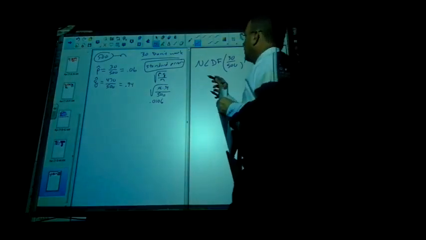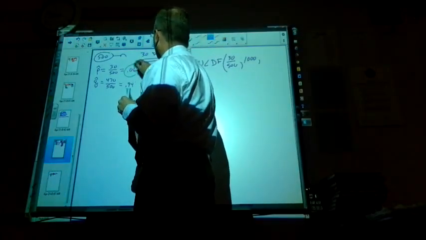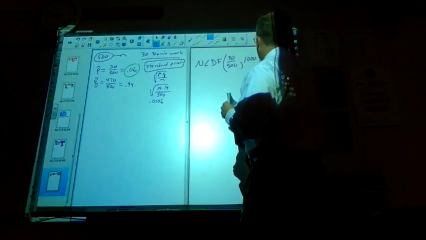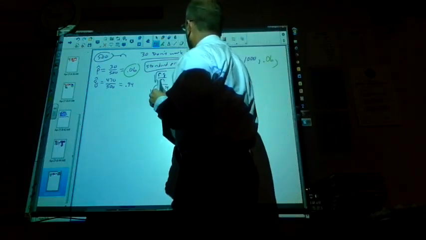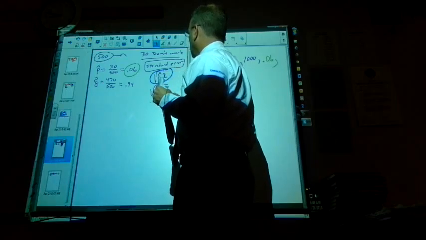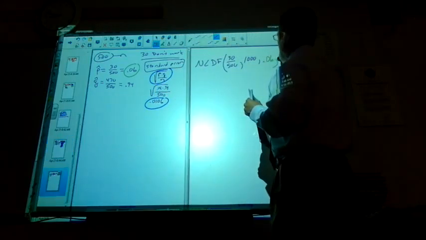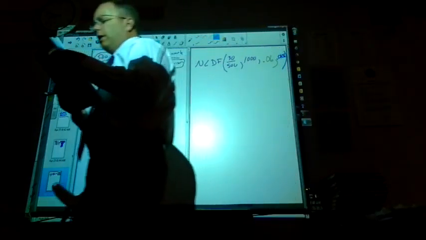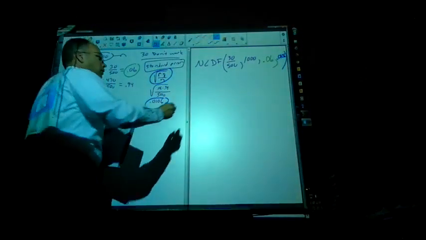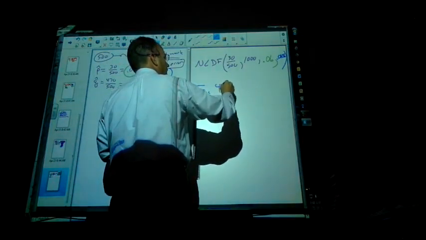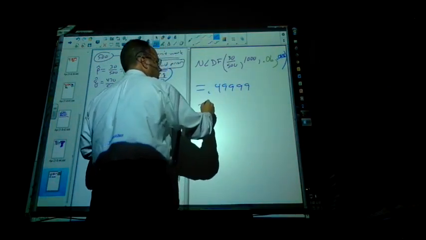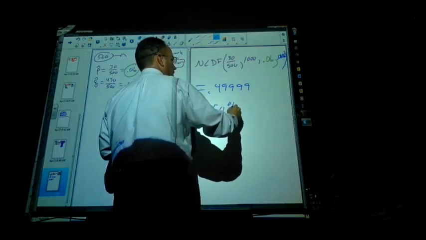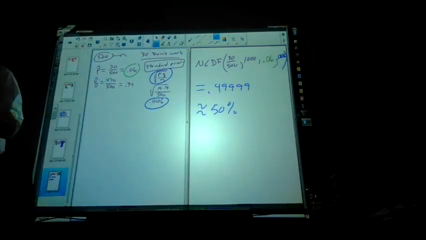So I'm going to use this right here for right here, and then the very last part is going to be this, which we found to be this. If you use this on the calculator, it's going to come out to 0.499, and that repeats for a while. So about a 50% chance that 30 or more are defective products.